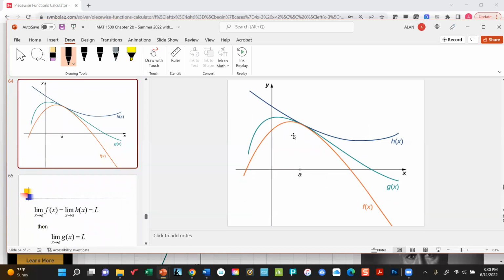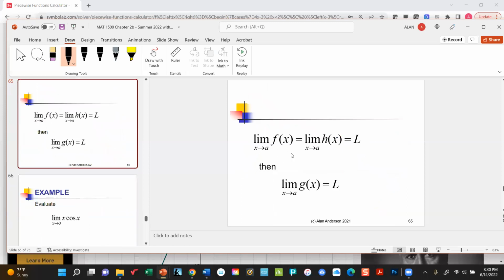So no matter where x is, f has the smallest value, h has the largest value, and g is always somewhere in between. And when that happens, we can take advantage of this at that point A. If f of x and h of x both have the same limit, which we'll call L, that means g of x must also have that same limit L.